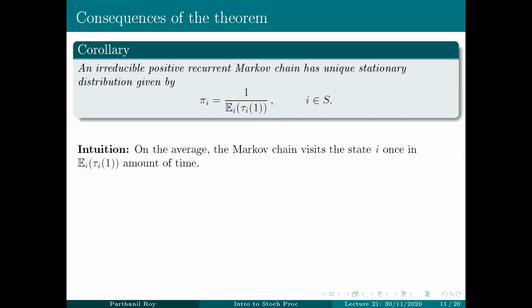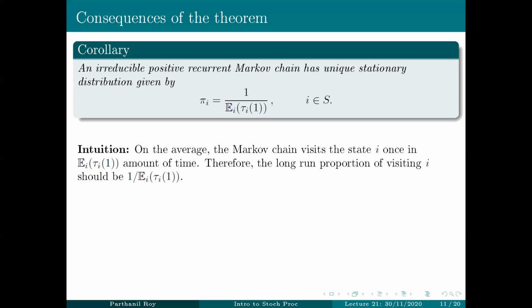Now, intuitively, this means on the average, the Markov chain visits the state I exactly once in this amount of time, the expected return time. So on the average, it will visit once in this amount of time.